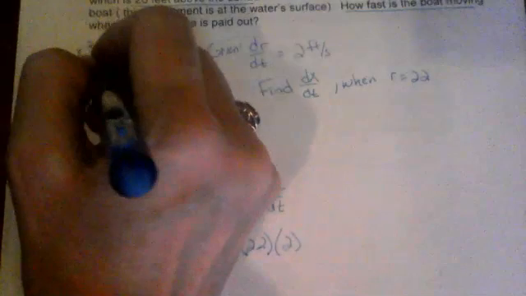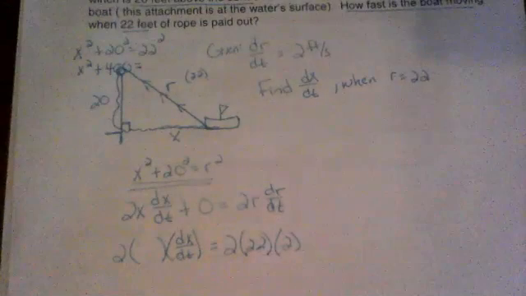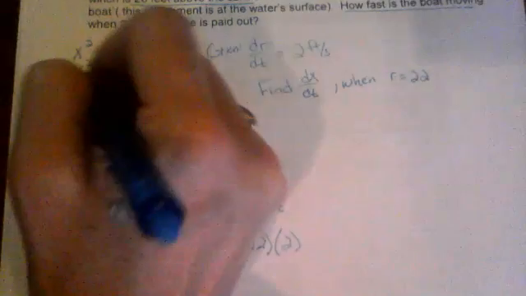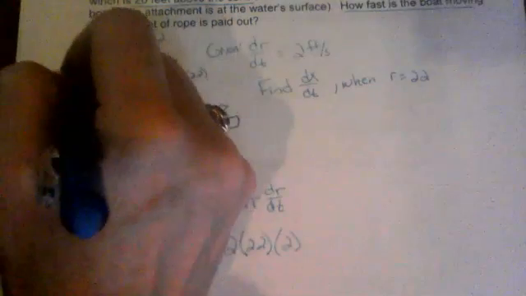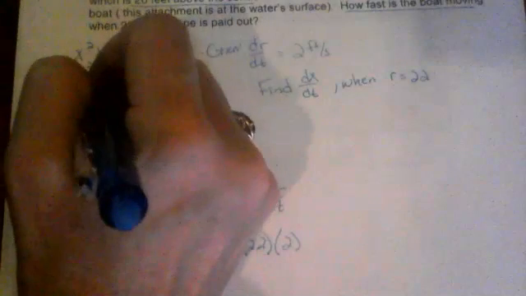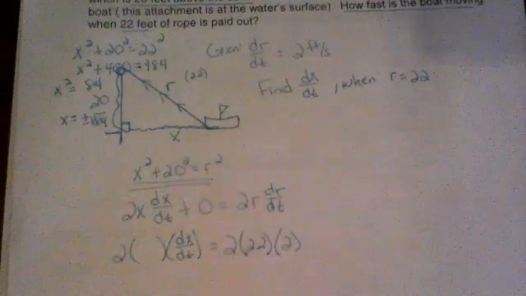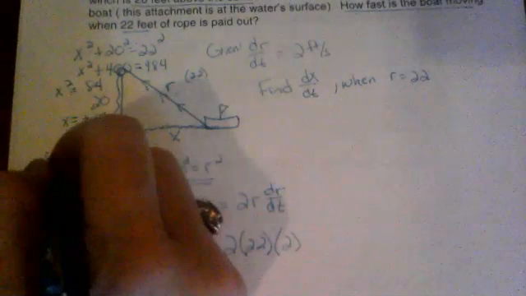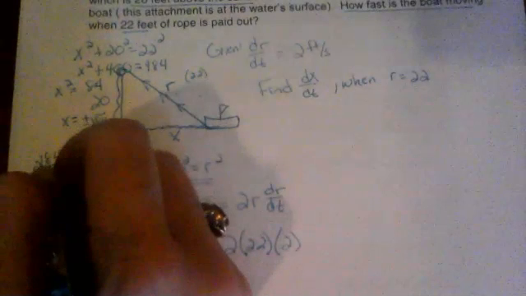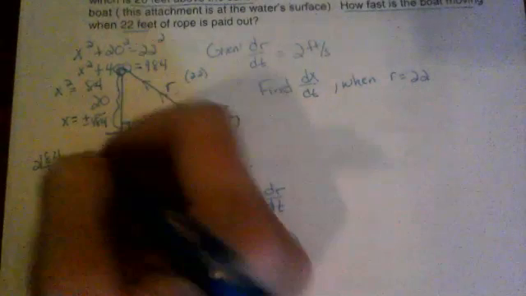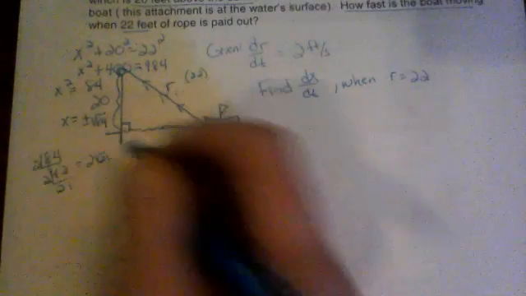So x squared plus 400 equals, what is 22 squared? 484. So x squared equals 84. So x is going to equal plus or minus the square root of 84. And 84, we can simplify: 4 times 21 is 84, so it's 2 square root of 21.